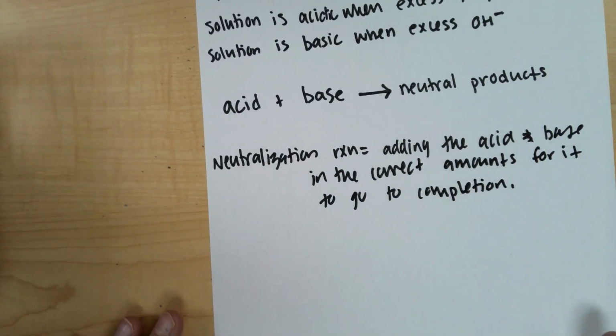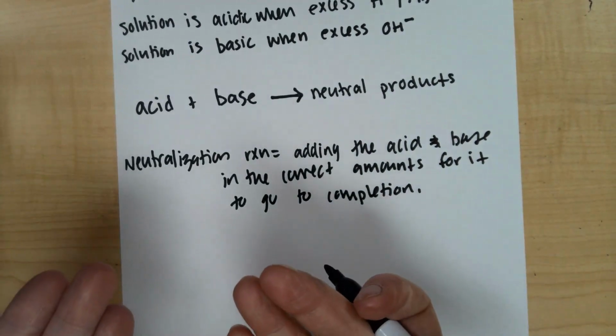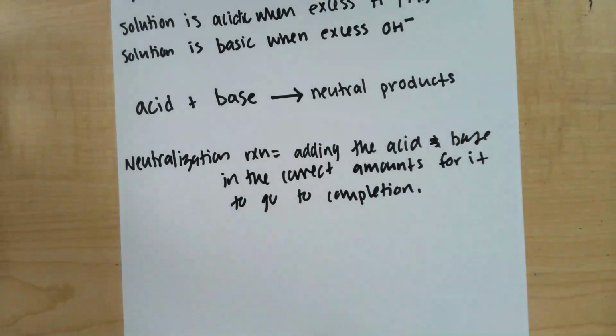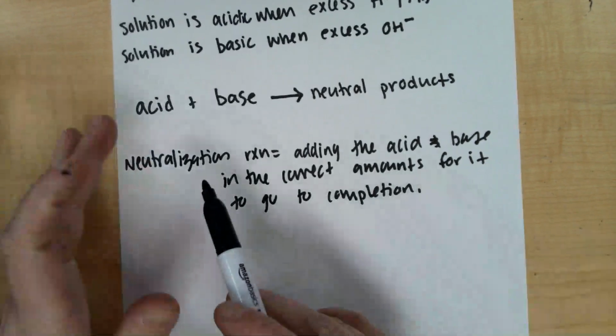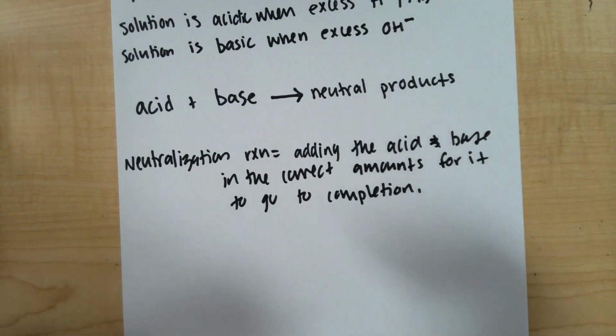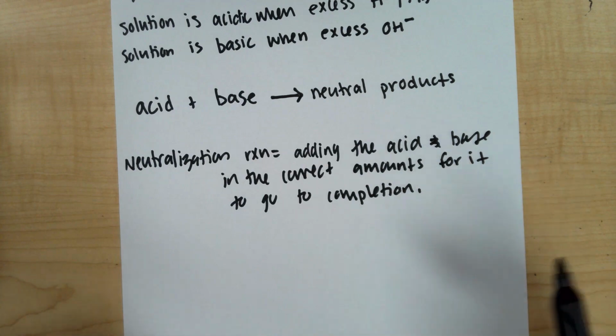This is just like we did before, when we looked at a reaction and figured out how much we need of each reactant to make it go to completion. That's what we're doing here, but with an acid and a base, and going to completion just means we made the solution neutral. We have no more acid, no more base, only neutral products.